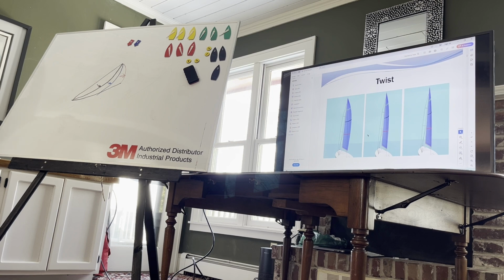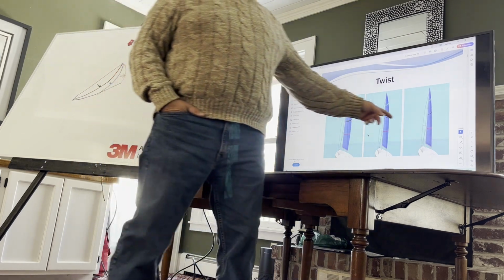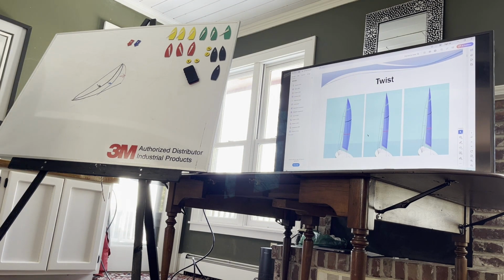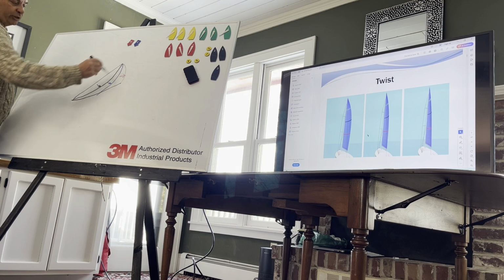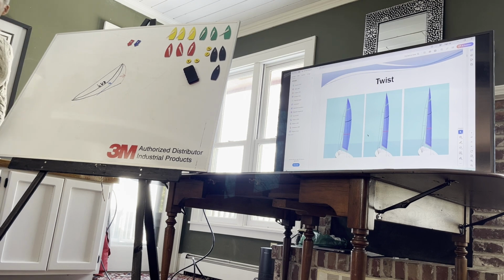So what happens when we pull the main sheet on and get rid of twist? Now all of them are in the same line and they're all pushing sideways against the keel. We only get to do that when the boat is up to what we call target boat speed, which in the Yngling is about 5-ish knots.